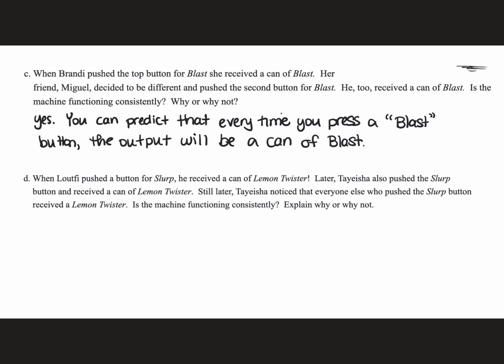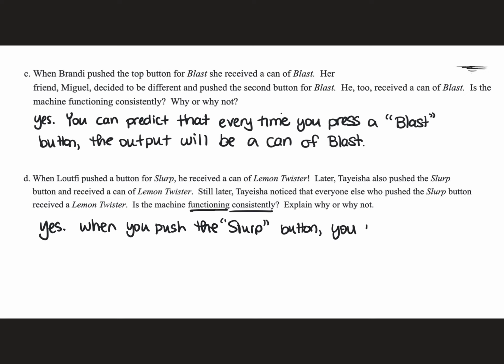Notice the question is not, is it functioning correctly? It's functioning consistently is what we're trying to decide. So again, we could say yes. It just so happens that when you push the Slurp button, you will get a can of Lemon Twister.